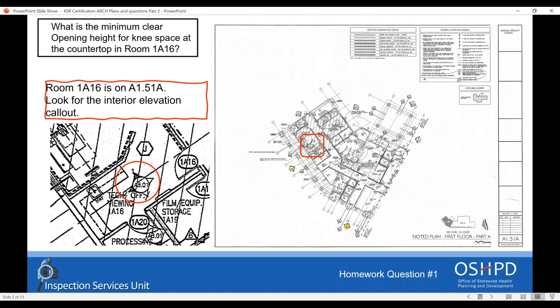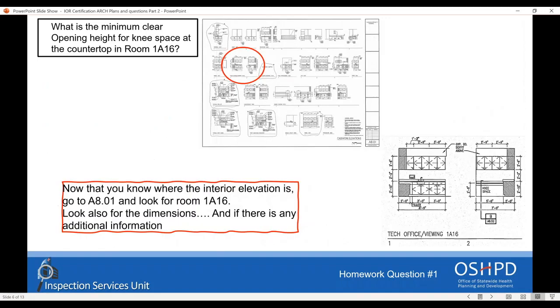So once you select the page and enlarge the room, you can find an interior elevation callout, A8.01. And so far, everybody went through the same correct process.